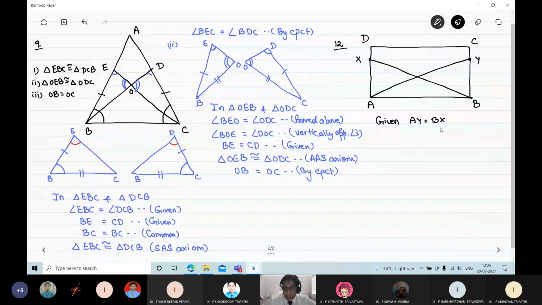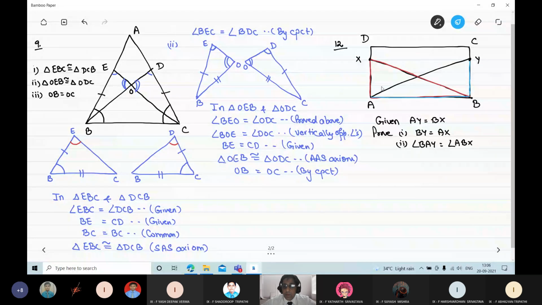So we have to prove two things. Prove, first part, that BY is equal to AX, and the second part is angle BAY is equal to angle ABX. In which triangles do these two things appear? In triangle ABX and in triangle ABY.